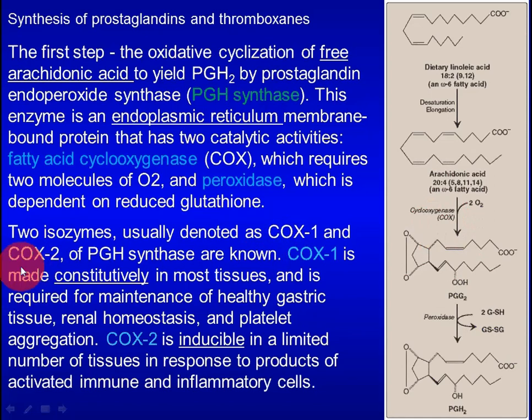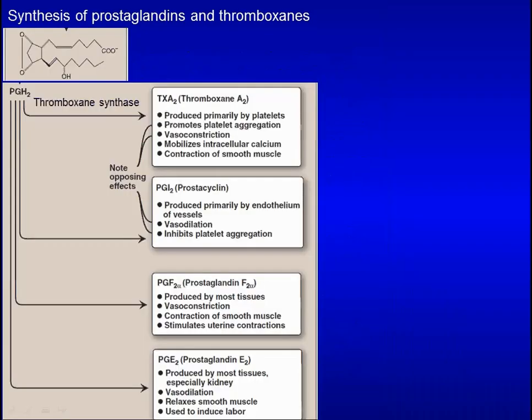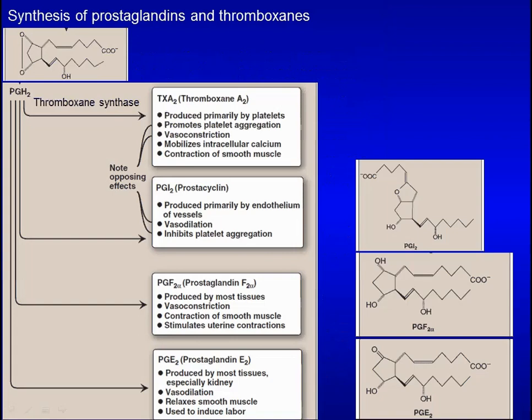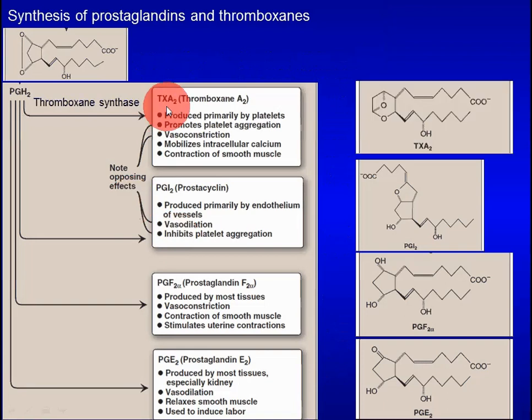COX-1 is expressed constitutively in most tissues. COX-2 is inducible in a limited number of tissues in response to inflammation. Further modification leads to different prostaglandins and thromboxanes.